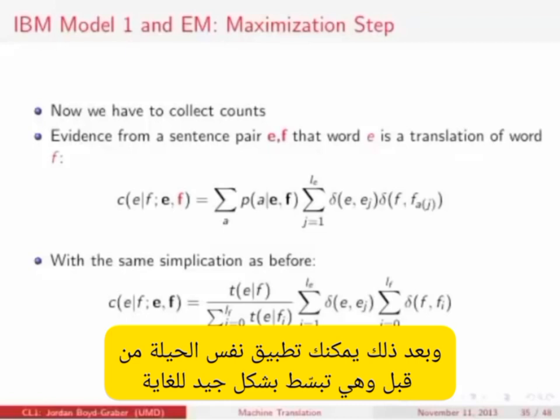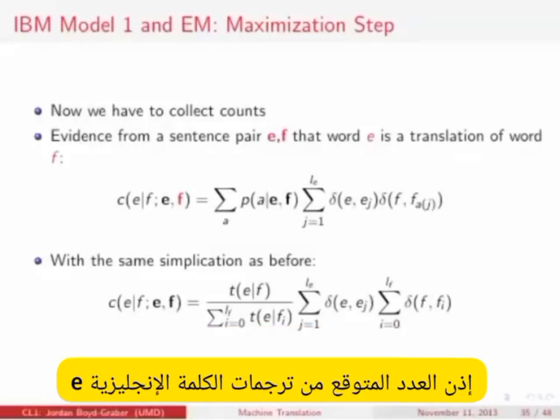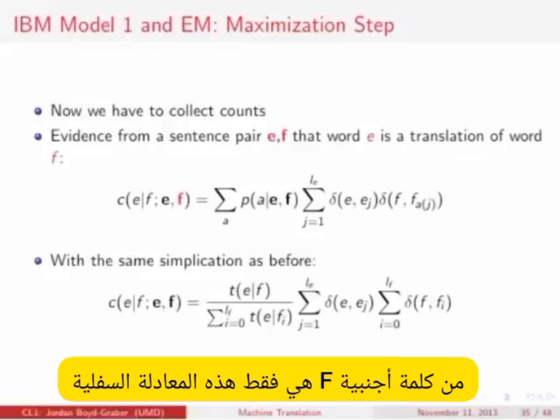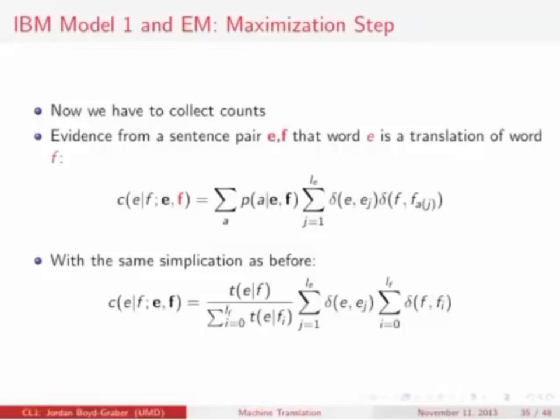Then you can apply the same trick as before, and it simplifies very nicely. So the expected number of counts of translating English word e from foreign word f is just this bottom equation.